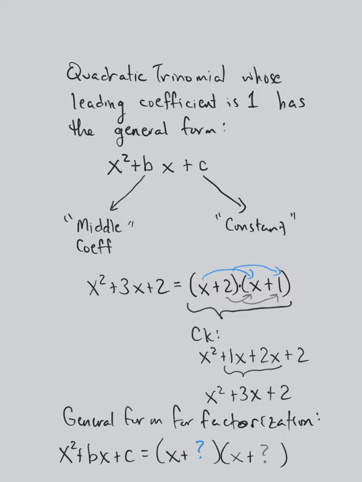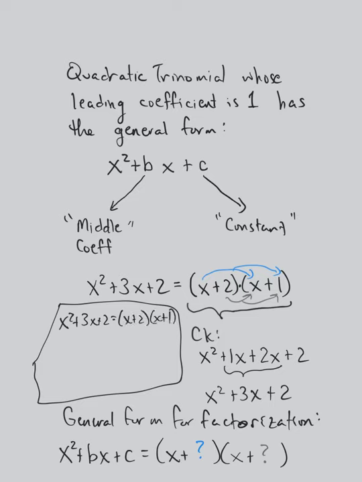One other thing to point out before I move on. I'm still using the same example, but I wrote that x squared plus 3x plus 2 is equal to x plus 2 times x plus 1. But remember, there's a multiply here, and it doesn't matter what order you multiply things in.